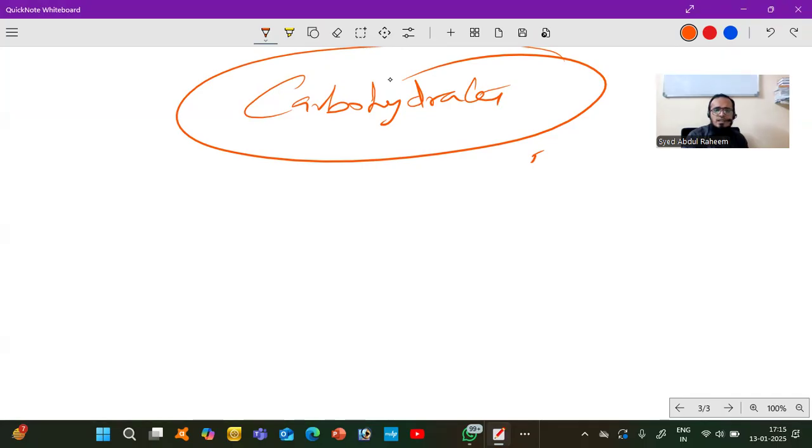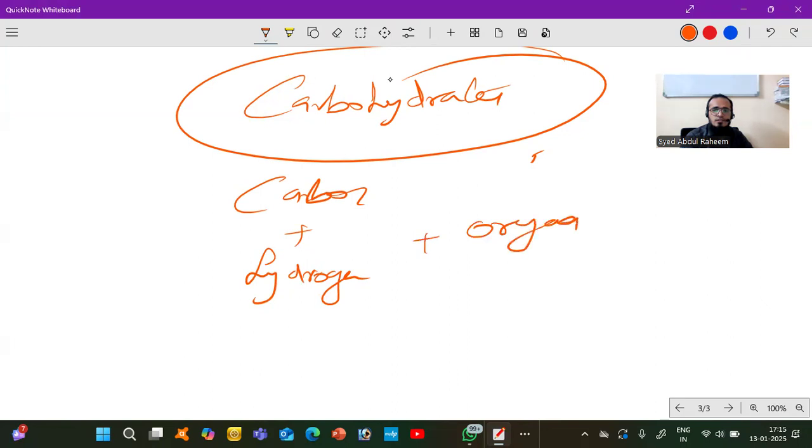Basically, the structure of carbohydrates: first is carbon, next is hydrogen, and next is oxygen. This combination of these three is known as carbohydrates.